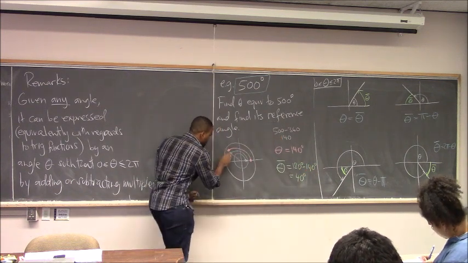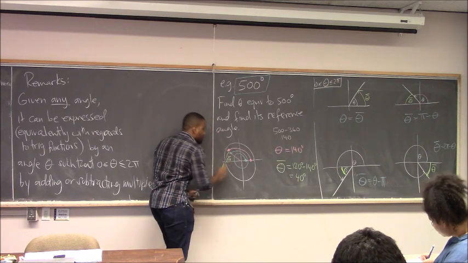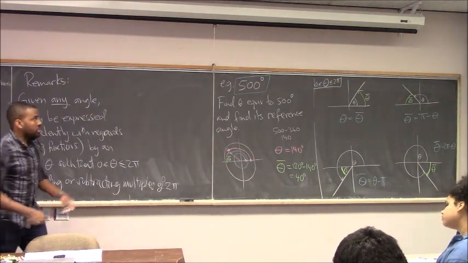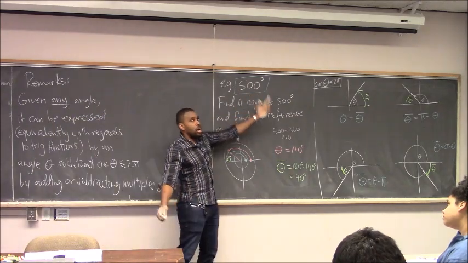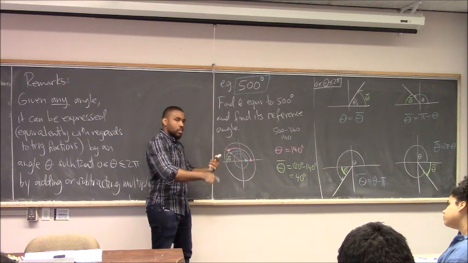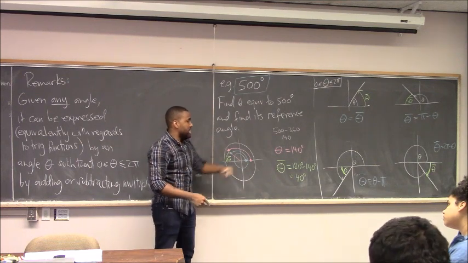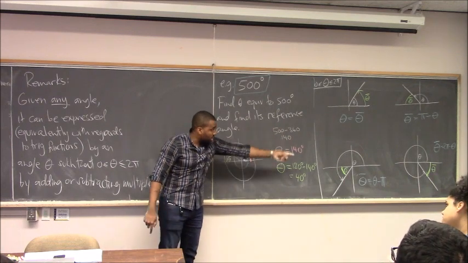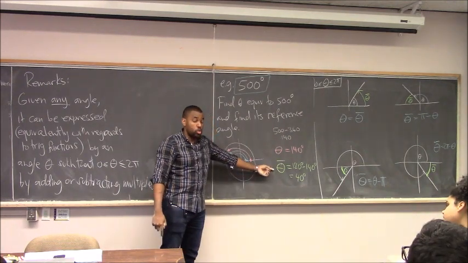Which means my reference angle is the guy here. And of course, if this were something larger, like 5,000, I just keep subtracting 360s until it eventually hits 140. Then I do the reference angle calculation to think of it as 40.